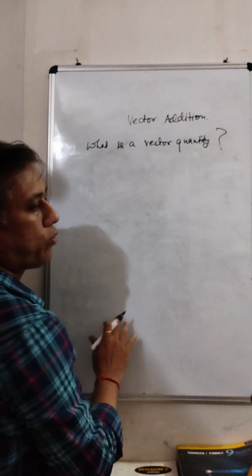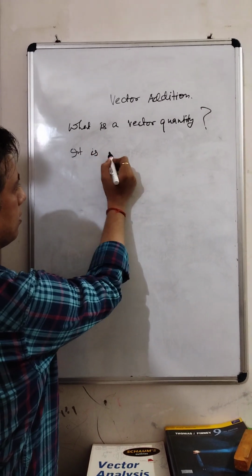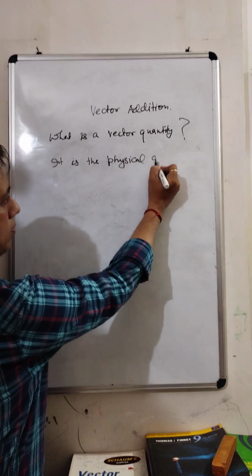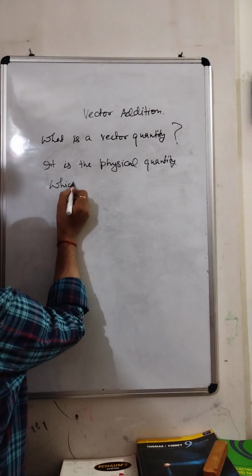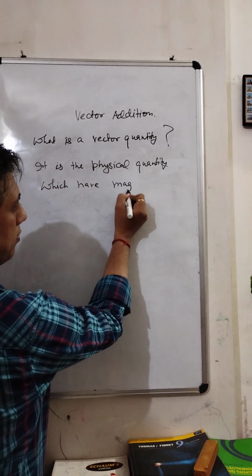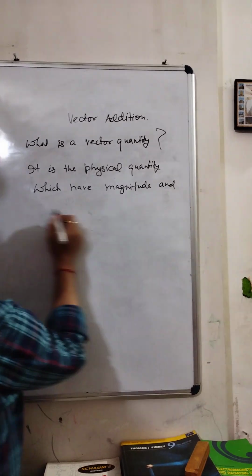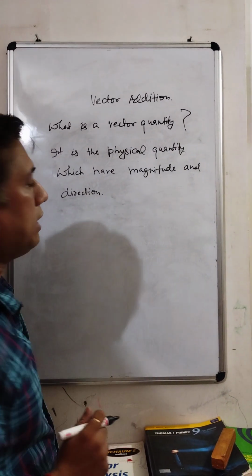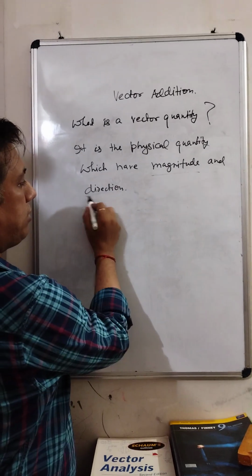The definition of vector quantity: it is a physical quantity which has magnitude as well as direction.